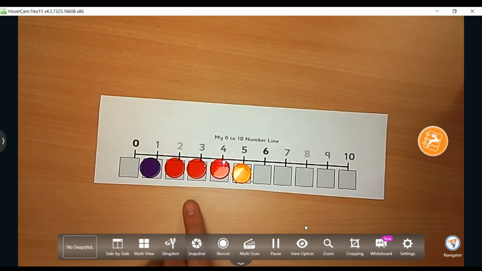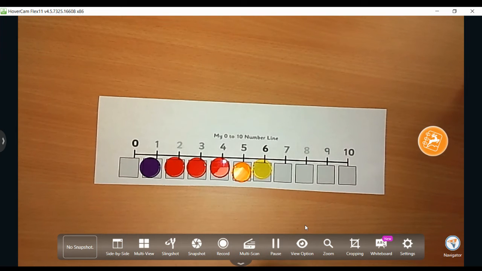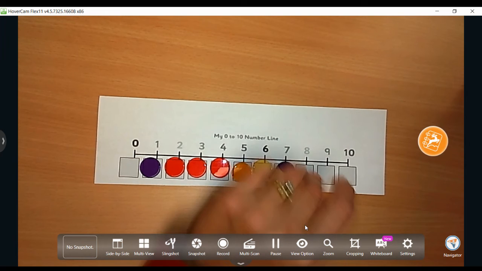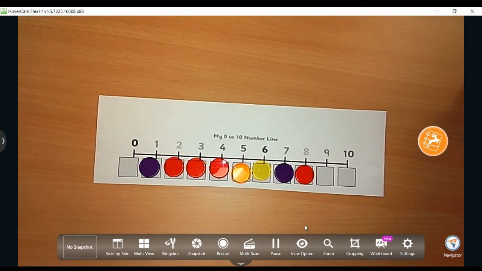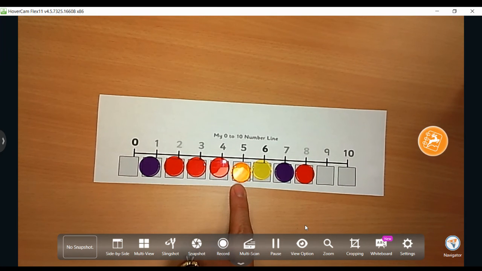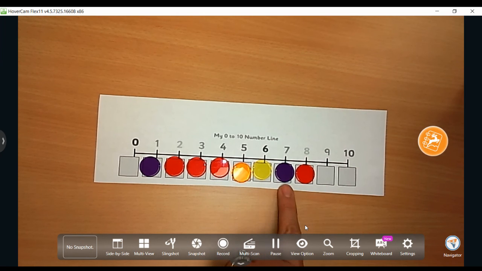If I say, what is 3 more than 5? I could count these 1, 2, 3, 4, 5, and then I could add 1, 2, 3, and see that I land on 8. I could also already know that my number that I'm starting from is 5 and add 3 more, 1, 2, 3, to get me to 8.